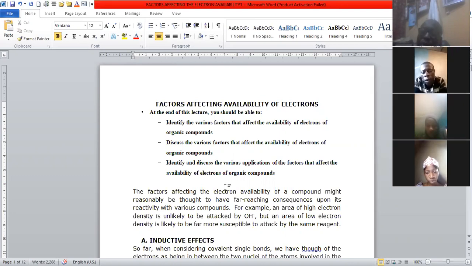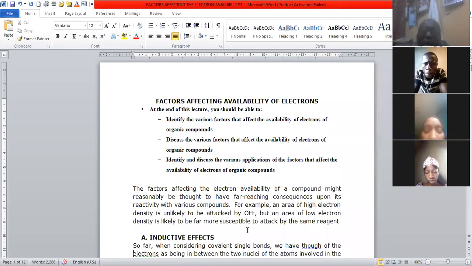And we all know that it is electrons that make up bonds, especially in organic chemistry, it is the sharing of electrons. So if these electrons are not available, there's no way a reaction can take place. Are you following me? Yes, sir.